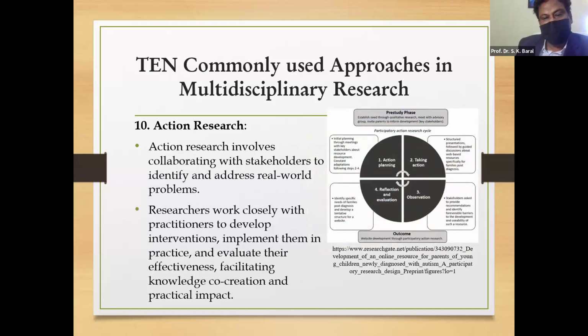And the last one is action research. Action research is a very traditional approach in the multidisciplinary research area. Action research involves collaborating with stakeholders to identify and address real-world problems.